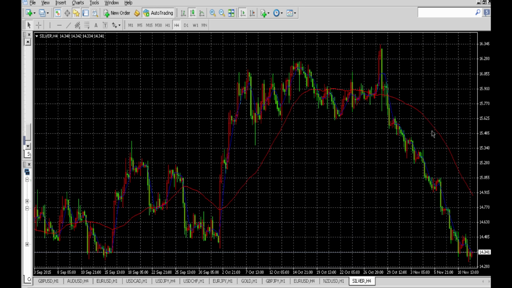You never want to be trading on the other side of the trend. This is a downtrend, and you should only go into short positions. In markets like this, where it's moving sideways and you see one crossover, two crossovers, it's wise to just stay out of the market.